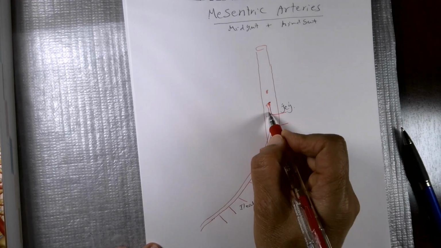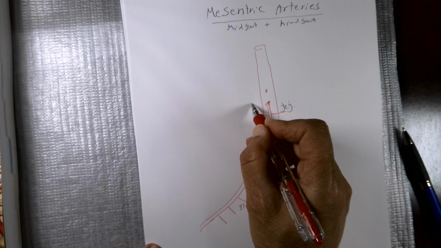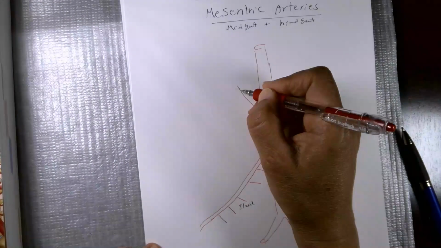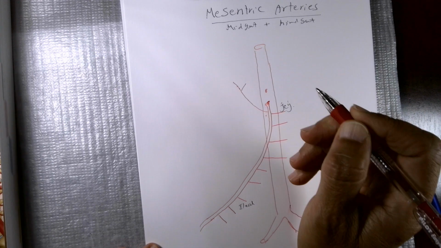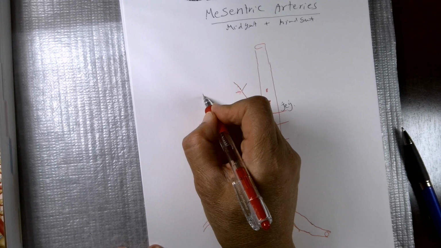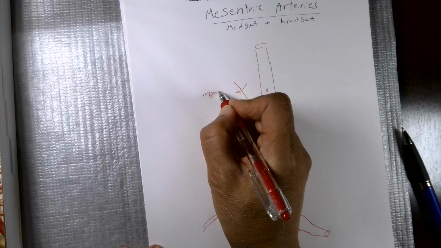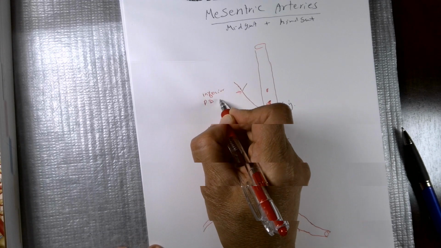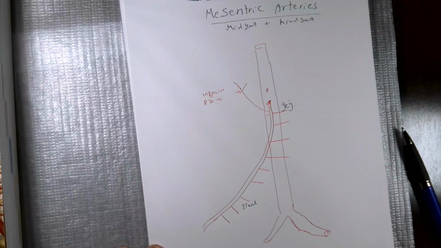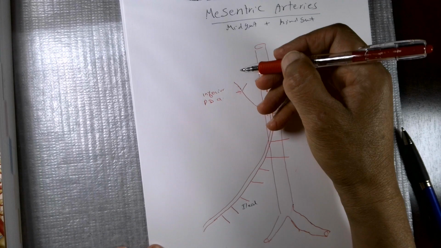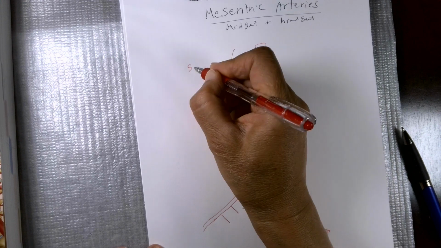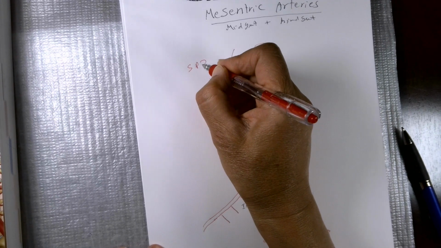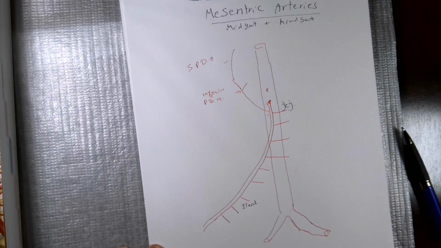From this side it is going to send one to the duodenum and the pancreas, called the inferior pancreatico-duodenal artery, which is going to anastomose with the superior pancreatico-duodenal artery coming from the celiac, from the hepatic.